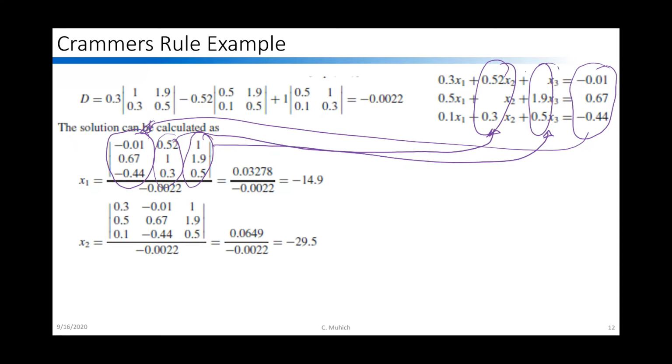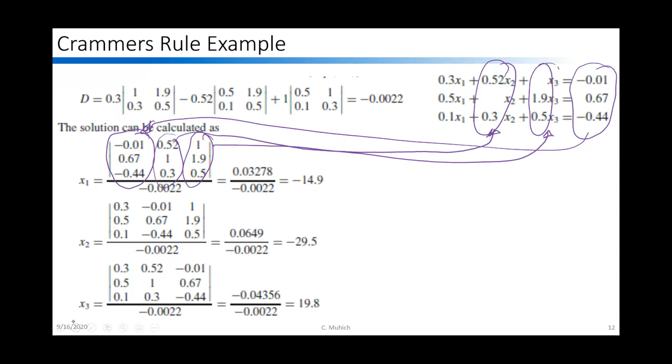When you do out the determinant, which I'm not going to do for time constraints, you should get 0.03278, which gives an x1 value of negative 14.9.